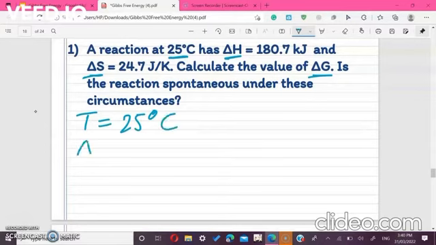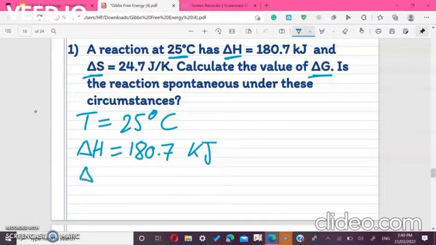We also have delta H, which is 180.7 kilojoules. We have delta S, which is 24.7 joules per Kelvin, and delta G is unknown.